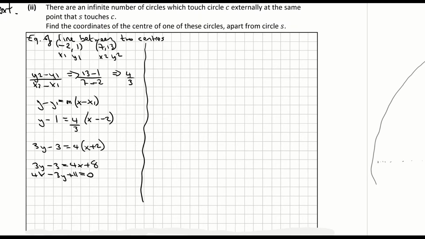So I know the equation of one of the circles is x squared plus y squared plus 4x minus 2y minus 95 is equal to 0. The other equation is in the form of x minus 7 squared plus y minus 13 squared equals 25.